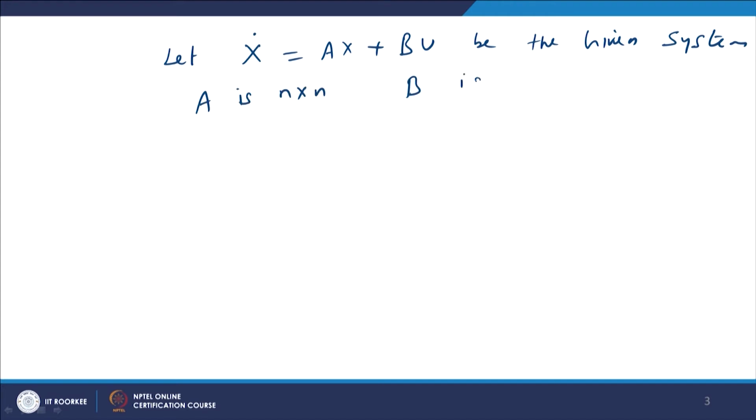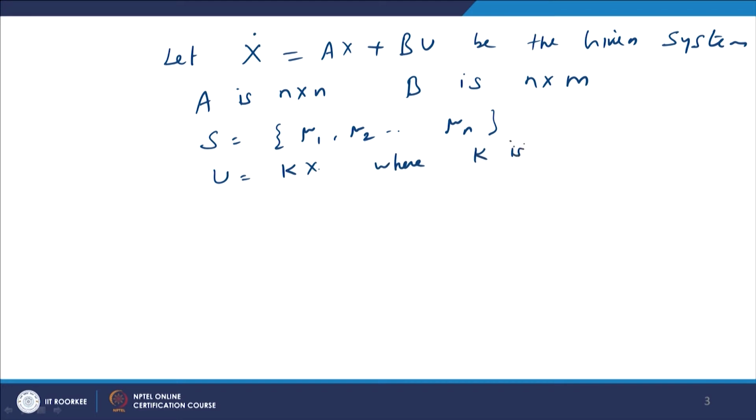Same statement, only the difference is that the B matrix is n cross m, S is any set mu 1, mu 2, up to mu n, and the feedback control is u equal to Kx, where K, according to the size of A and B, is an m cross n matrix.